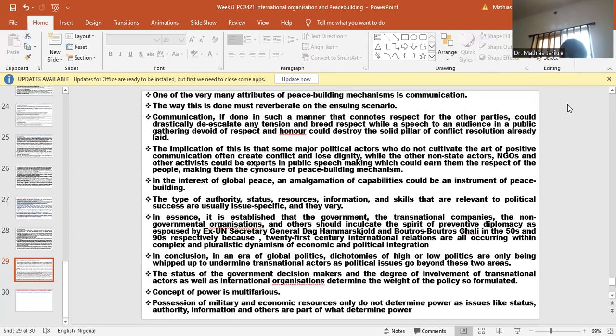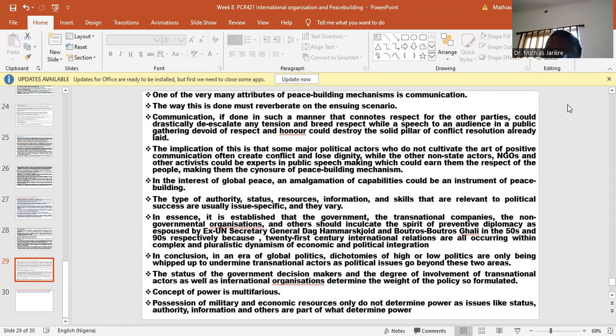Well, as we move into exams next week, I think we have been able to do justice to key issues in this course. We have looked at different regional and international organizations, and we have used several case studies to establish our point on international organizations and peace building.